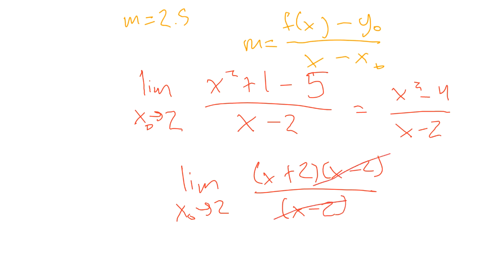So we have our limit, and now we get 4 for our limit. So we plug our 2 back in here, and then we get 4 as our m. We can see that's going to be closer than what we had earlier. So that's a good way to do it.